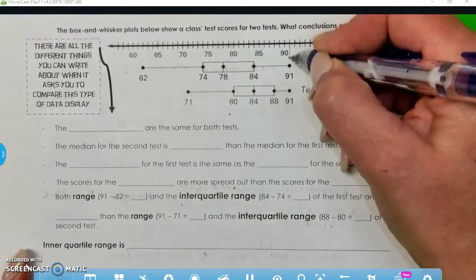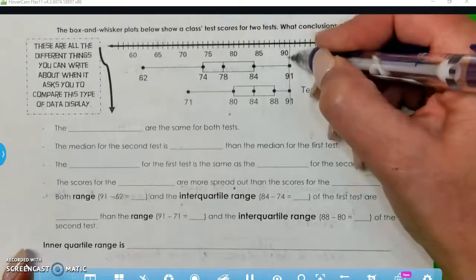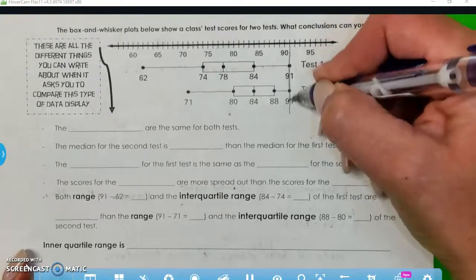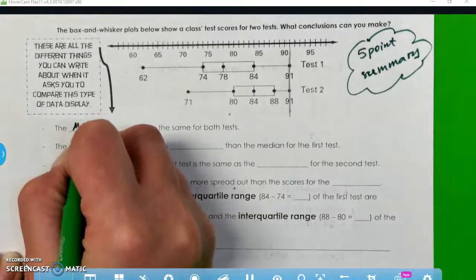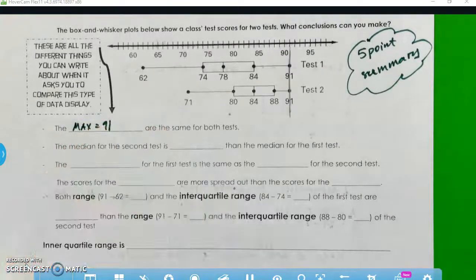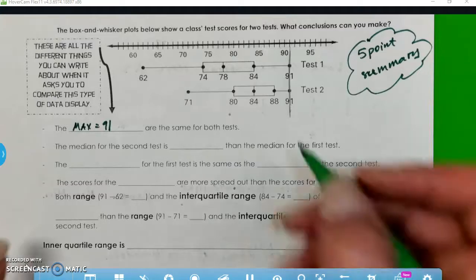So how do we know what is the same for both tests? Well, when one of these points is identical for both tests. So the maximum, hopefully you have seen, the maximum grade of 91 is the same for both tests. We do not have any other identical value. Next situation, the median of the second test.